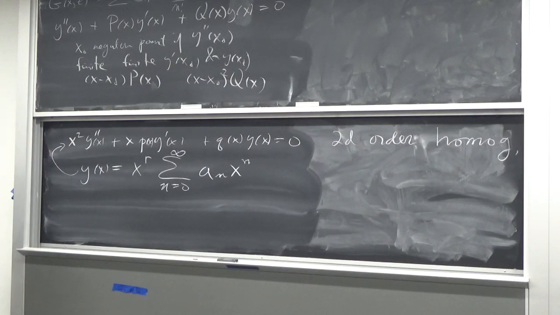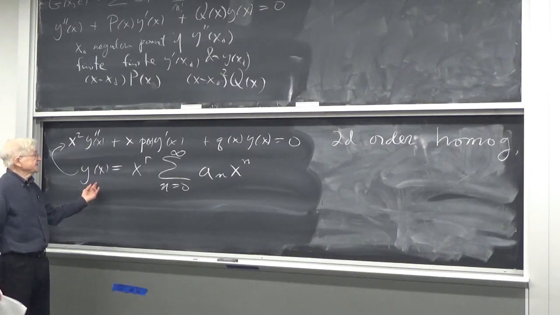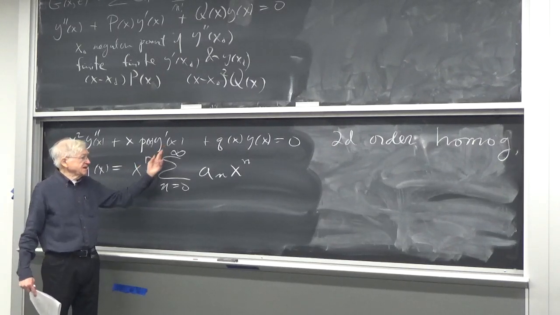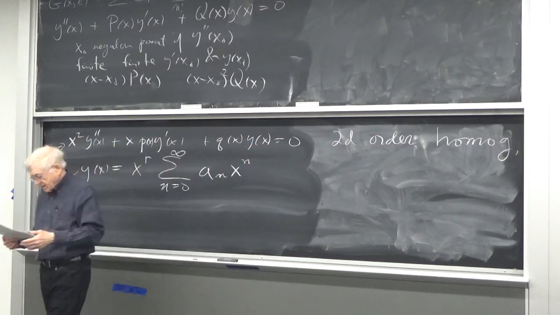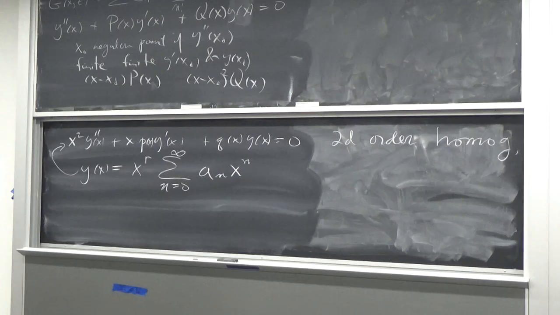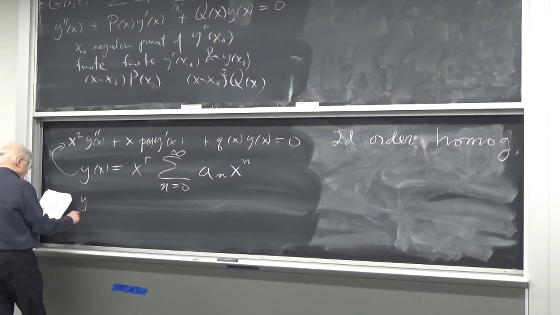Offhand, we don't know what that is, but what we do is we substitute this into that differential equation, and so we differentiate this twice and put the result here. We differentiate once, put the result here. We take the whole sum and put it there, and then we get a differential equation with lots of terms.